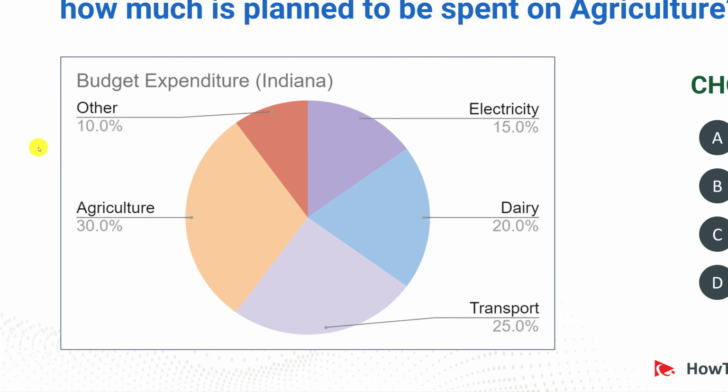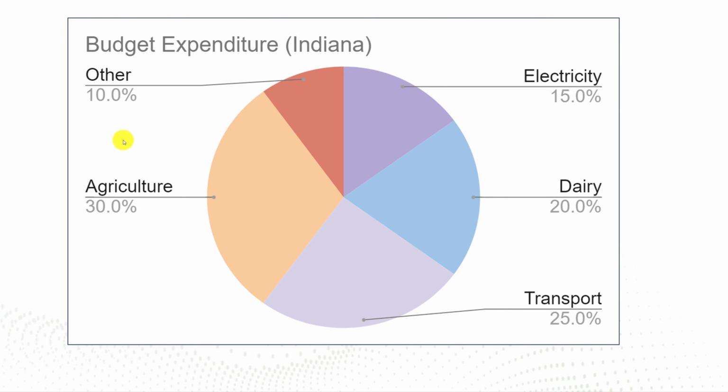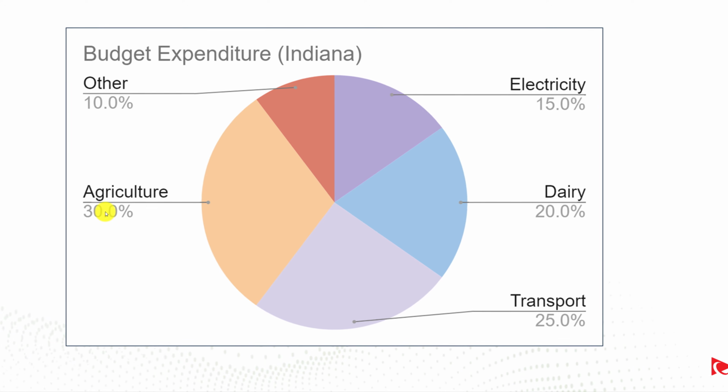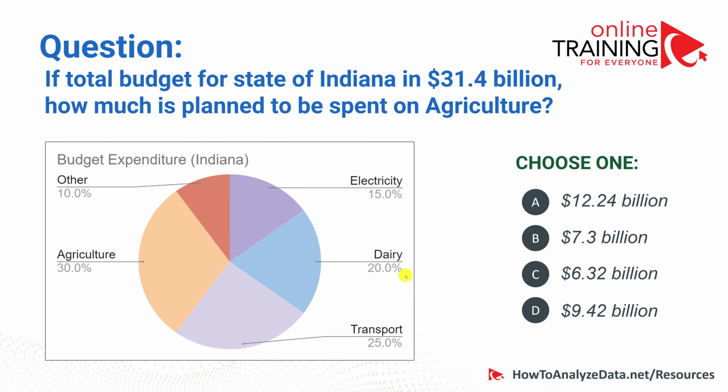To get to the answer for this question, you need to understand what is the percentage of spend for agriculture. And based on the graph, the planned spend for agriculture is 30%. To calculate the budget for agriculture in actual US dollars, you need to multiply 31.4 by 0.3, which represents 30%.